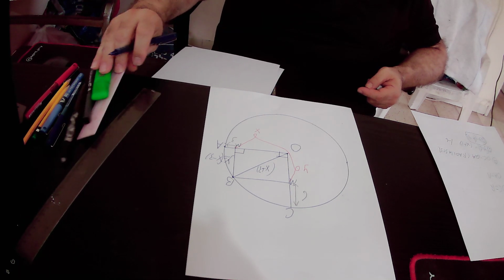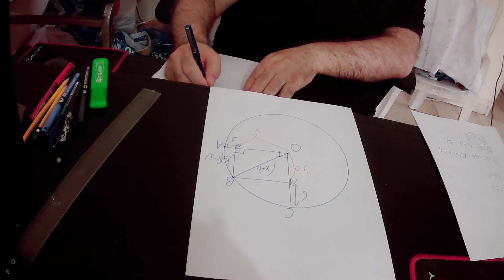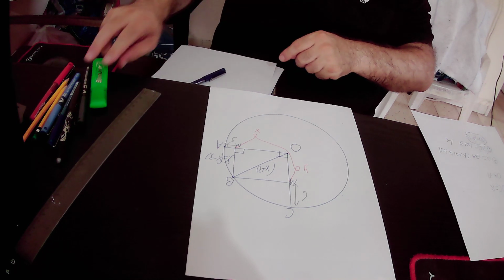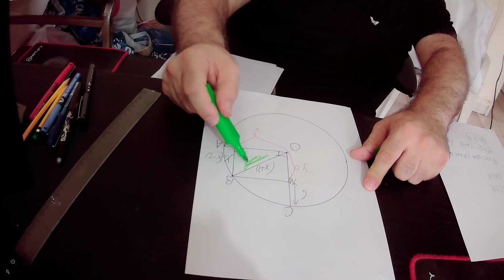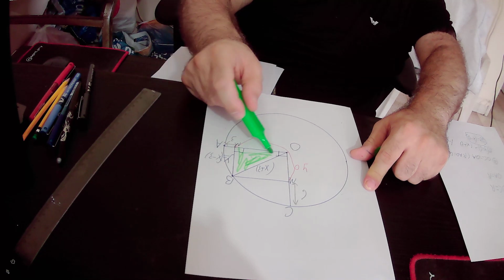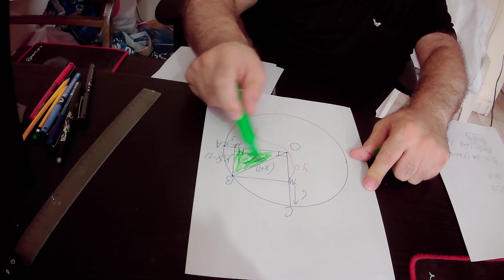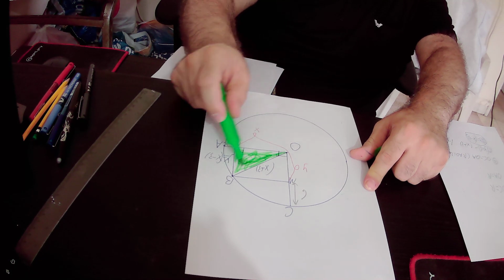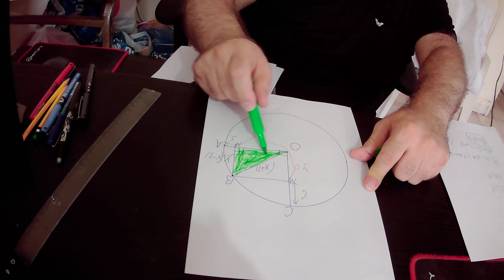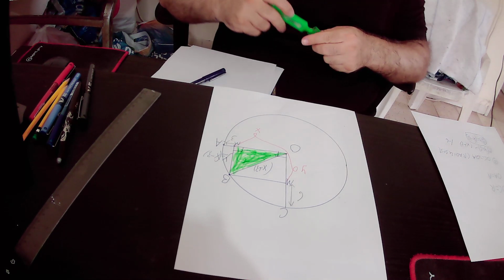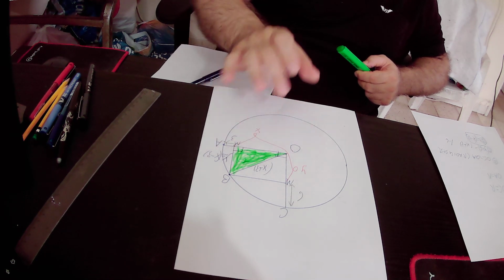And we know that in this triangle, the green right triangle OBN, the hypotenuse of the green triangle is x plus 3.